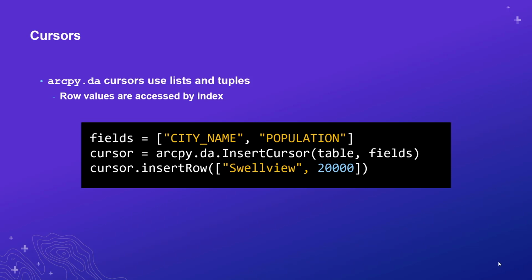A really important takeaway from this slide is that when you create a cursor, you specify a list of fields in some order, and when you either retrieve or, in this case, insert new rows into the table, you provide the values in the same order as the list of fields you provided.